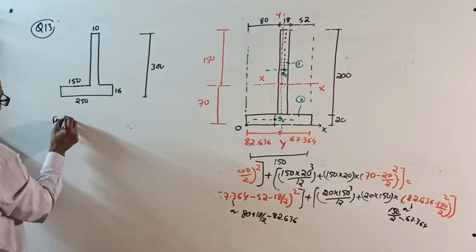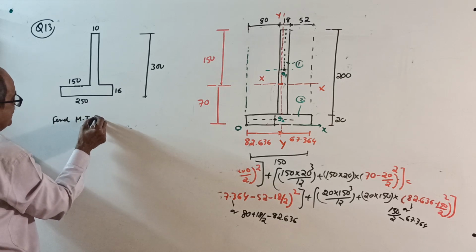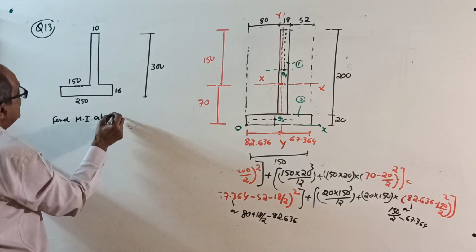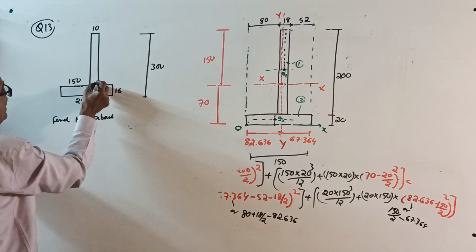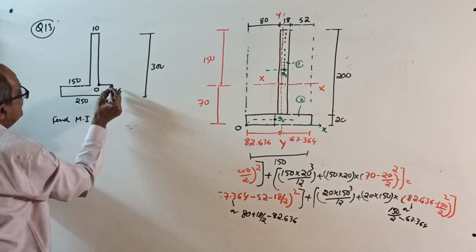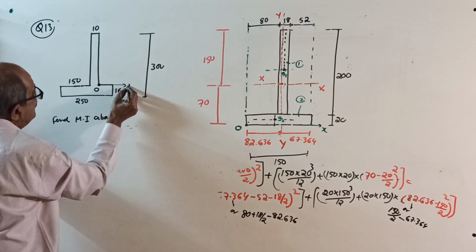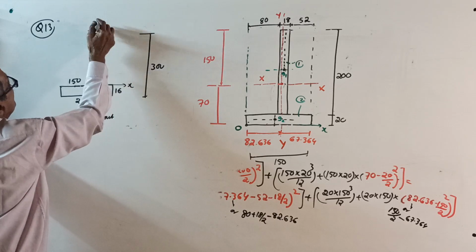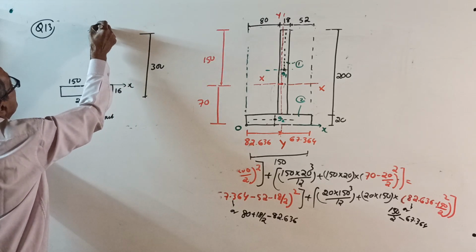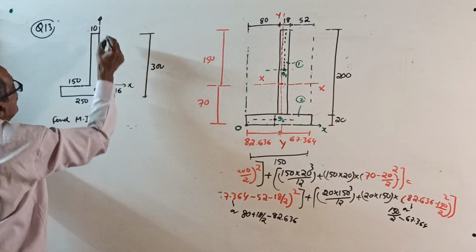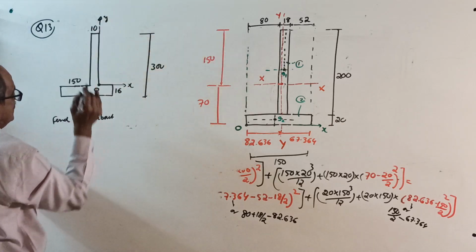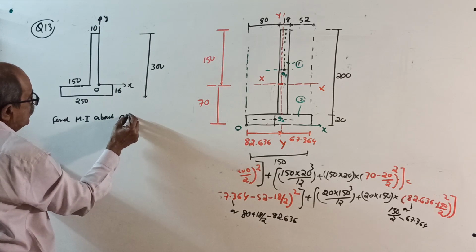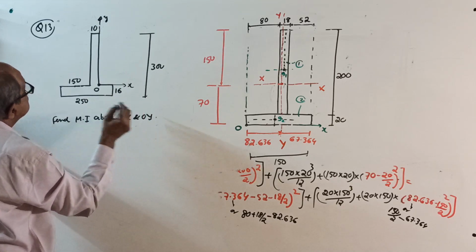Find the moment of inertia about not the centroidal axis. They will give a point O here, then tell you this is OX. They will put 10 here. This is 10. In the question, X and Y are given. Find I about OX and OY.